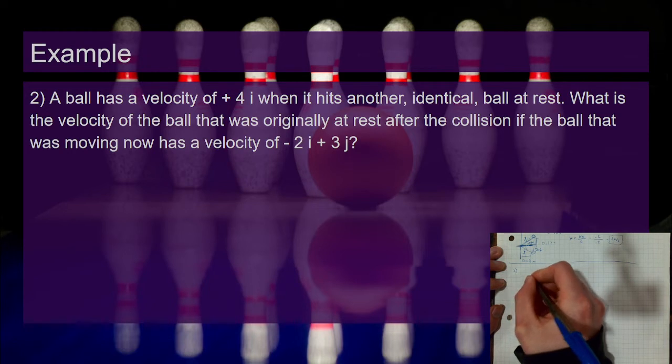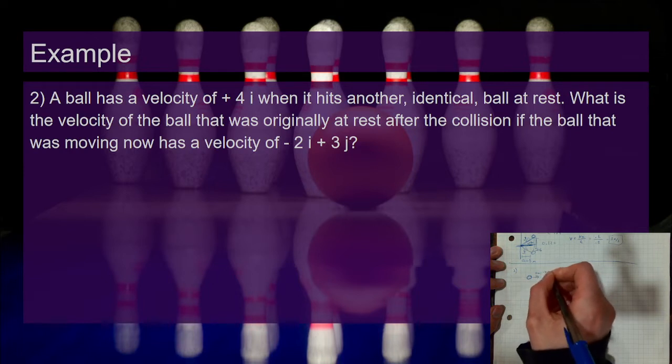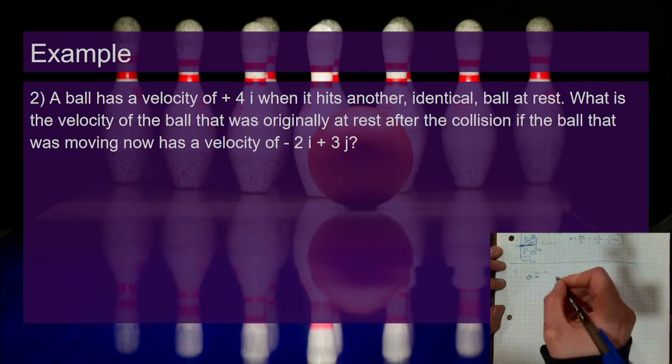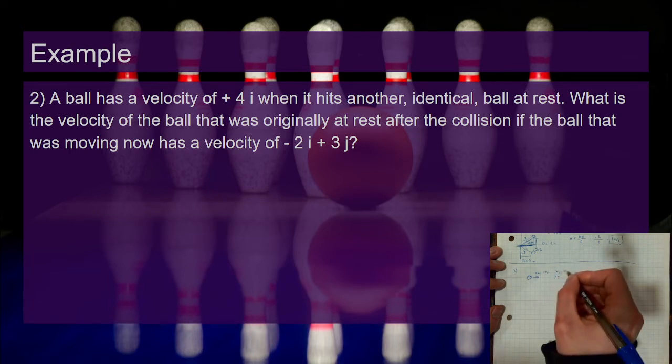We've got a situation where this ball is coming in and it's going to the right with a velocity of 4 meters per second. That's the velocity for the first one at the beginning. And our velocity for our second one at the beginning was 0.